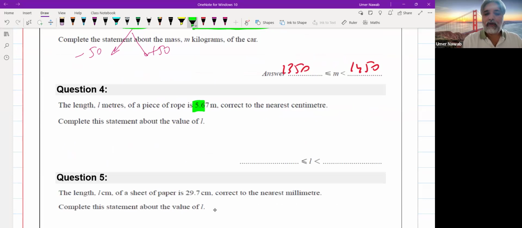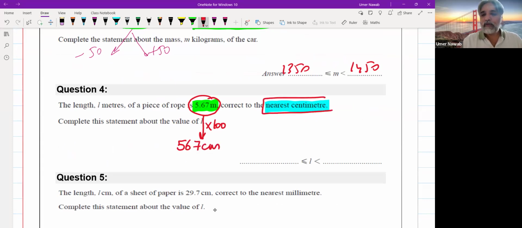Next question, be careful. This is in meters, but the accuracy level is in centimeters. So why not convert this meters into centimeters with a multiplication of 100. So it helps us to convert it into 567 centimeters. So nearest centimeter means 1 divided by 2 is 0.5. Subtract 0.5 and add 0.5.